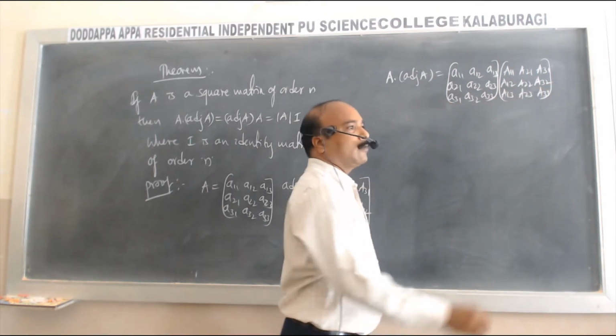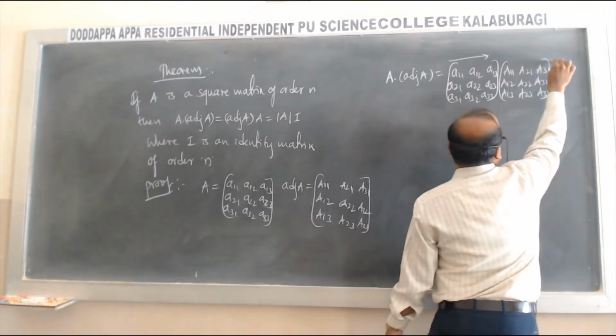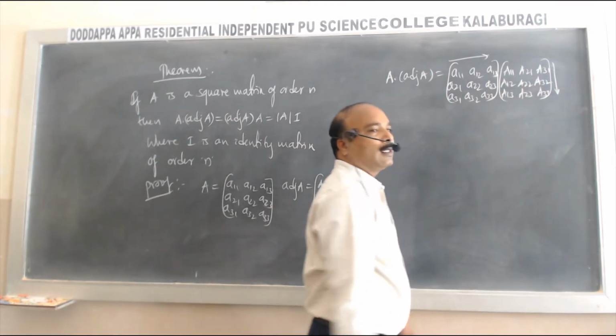Now we start multiplication according to multiplication of matrices, row with column.